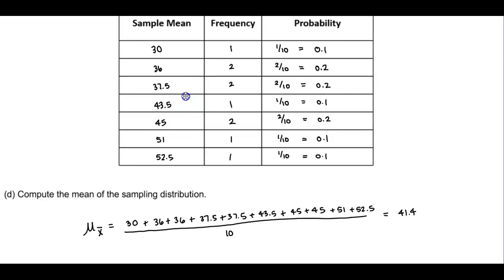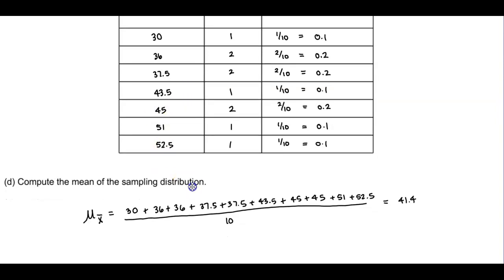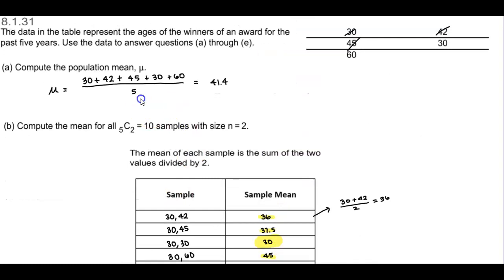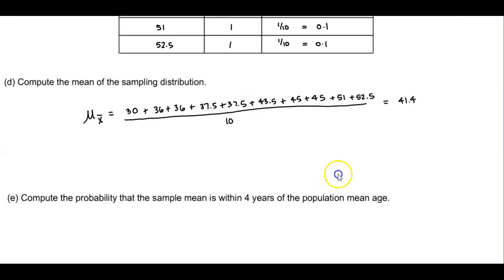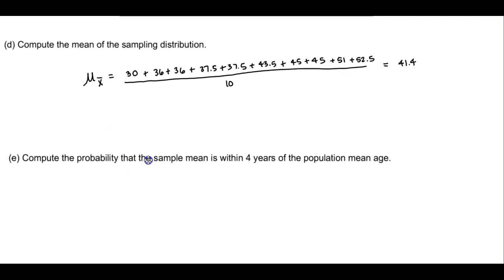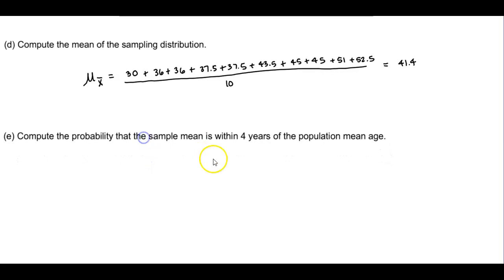Okay, so what is that telling us? Well, so far it's telling us that it matches what we have up here for the population mean and the mean of the sample means. Now we want to compute the probability that the sample mean is within 4 years of the population mean age.